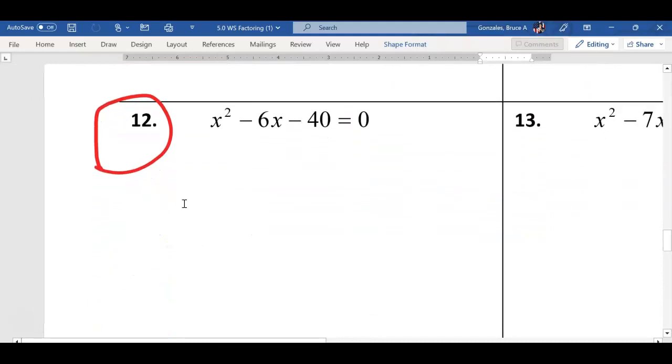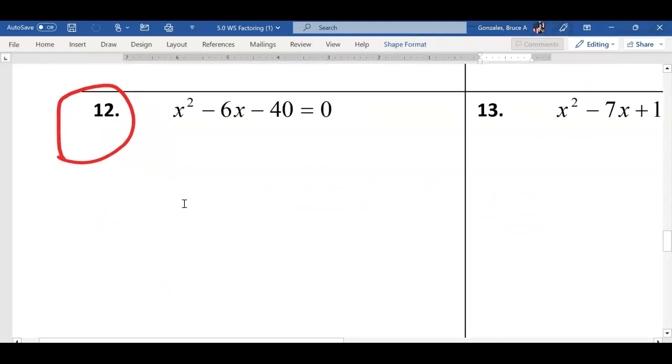All right, now this one's got a bigger number, maybe a little bit more difficult. -40, okay? Please remember that negative is in front of the 40. 1 multiplies to make -40. Start with 1. 1 times what? -40.